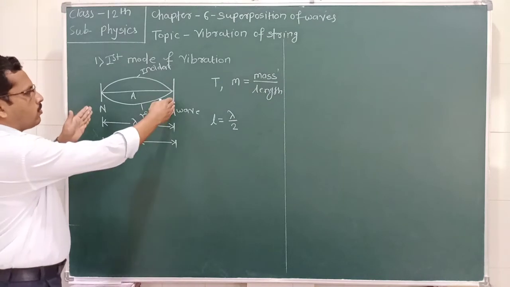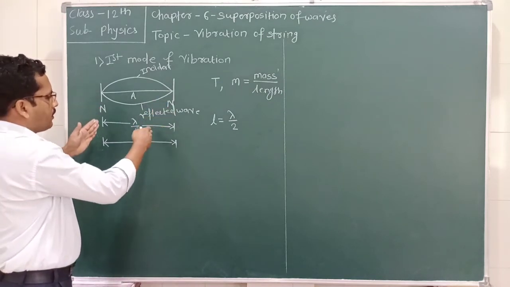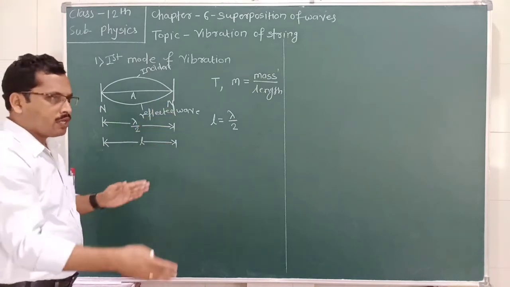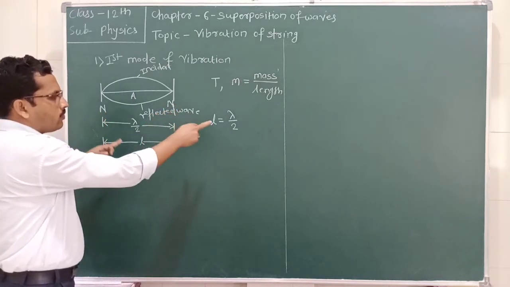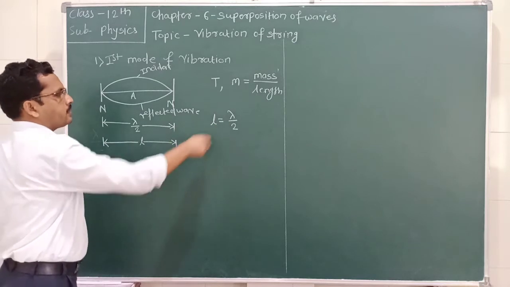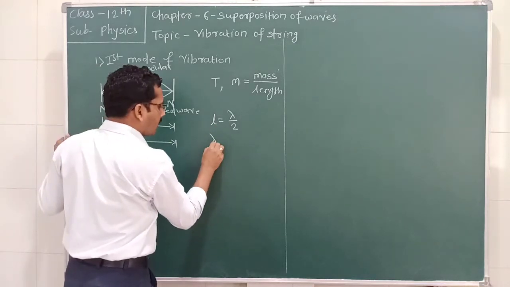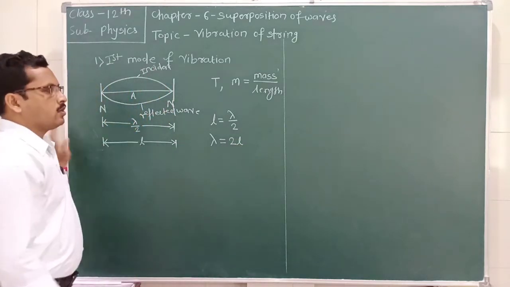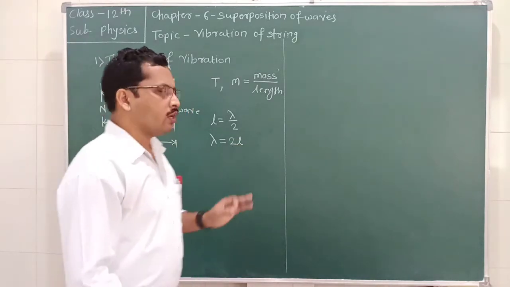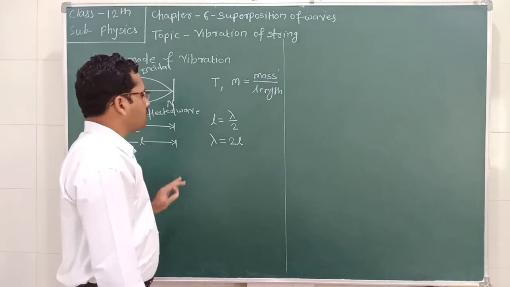This is the length of the string, and by the property of the stationary wave, the distance between two successive nodes is equal to lambda by 2. So we can write L is equal to lambda by 2, or lambda is equal to twice L. Okay, so what is the velocity of this wave?